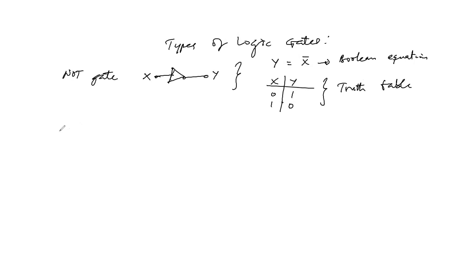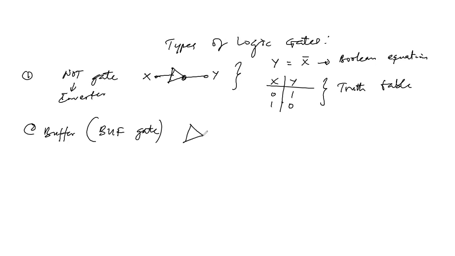So we also have a buffer, which is usually described as the buff gate. It's more like the NOT gate or the inverter, only that we do not have the circle at this point.